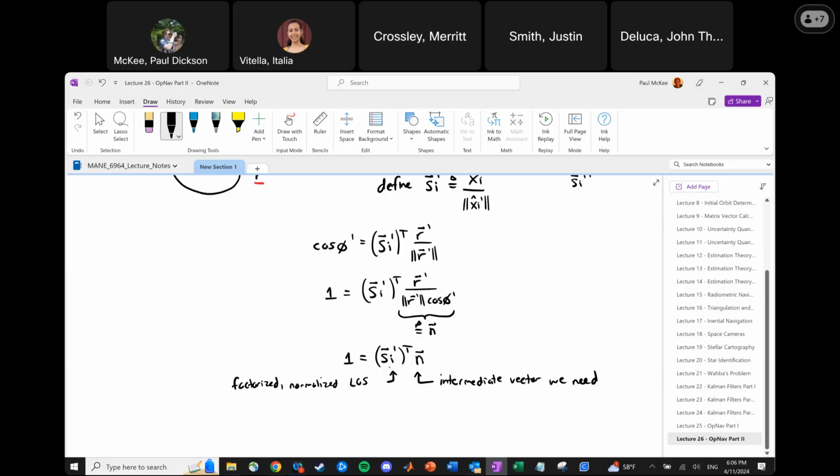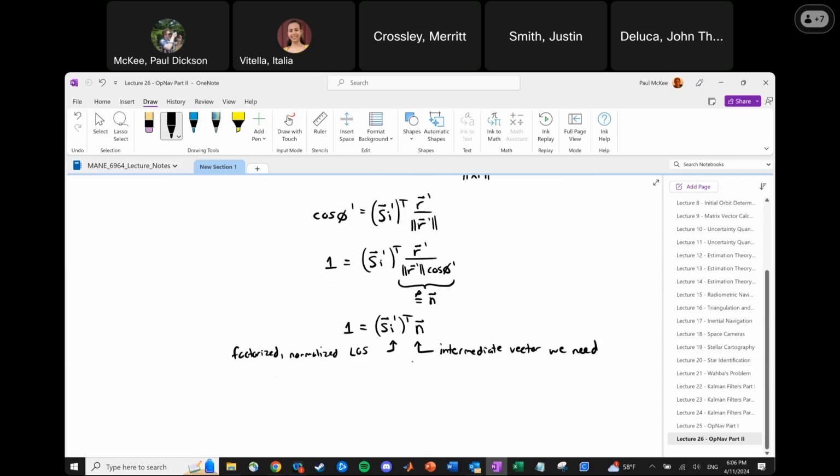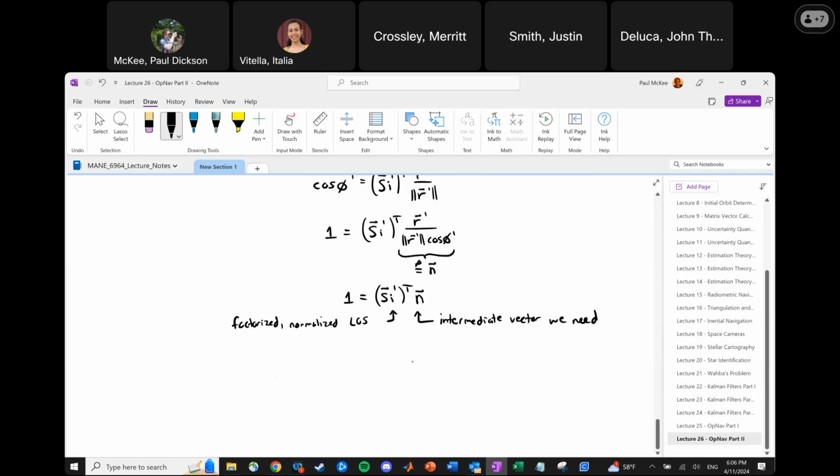The thing is that we have S. There's going to be several of them, right? And this is S_i, so this is the ith point. So there's going to be several horizon points, which we ultimately factorize and normalize. And then we know it's true that for each of those points, this equation is satisfied. So what that means is if we have many horizon points, we can stack them to create a vector or matrix equation.